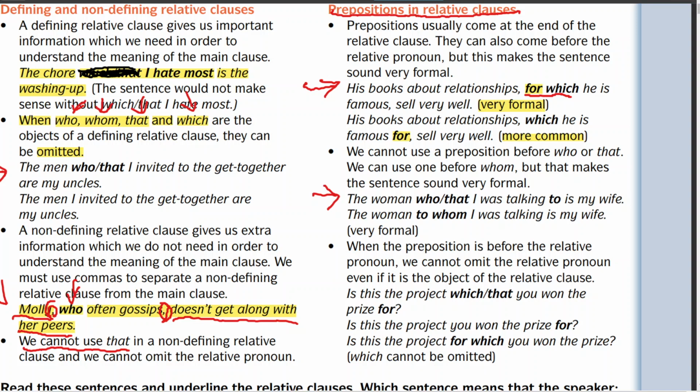And now we get to the part where a lot of students ask, bila kita nak guna whom? Whom ialah bila kita letak to di sebelum who. The woman who I was talking to is my wife. The woman to whom, you cannot say to who, you have to say to whom I was talking is my wife, and this is very formal.